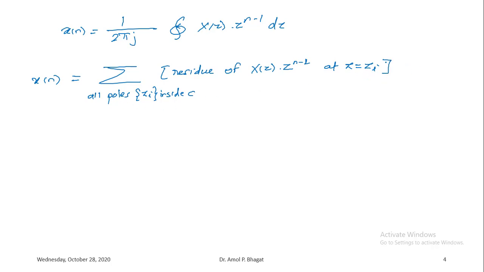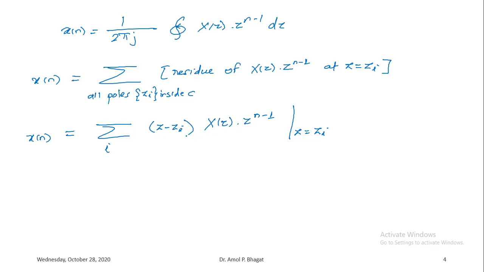where this zi indicates all the poles, right? So again, in a more simplified manner, you can represent it as x of n equals the summation for all poles of the residue of x of z, z to the power n minus 1, which is simply z minus zi, that is z minus the values of poles, multiplied by x of z into z to the power n minus 1, evaluated at z equals zi.